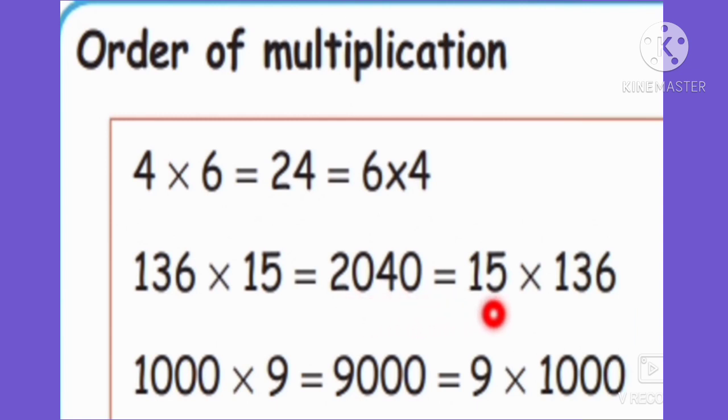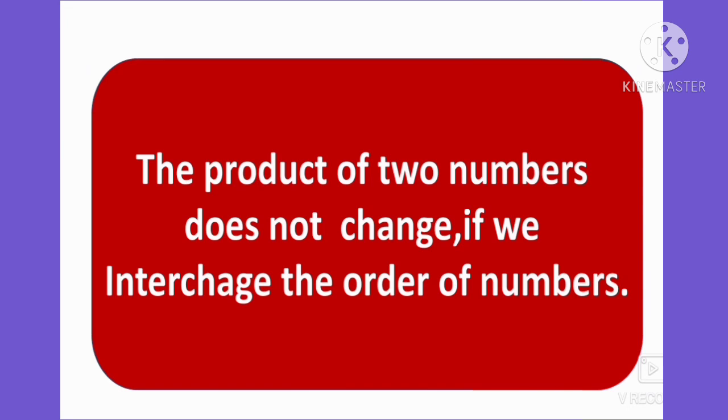When you multiply 9 into 1000, again it gives the same product, 9000. So the product of two numbers does not change if we interchange the order of numbers.